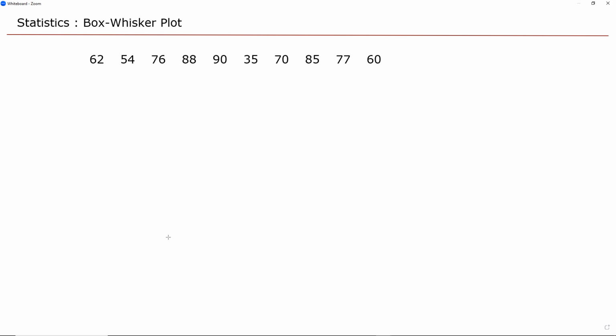The first thing I'm going to do is try to get the following important values for this box and whisker plot. Firstly, we're going to rewrite the entire set from smallest to biggest first.